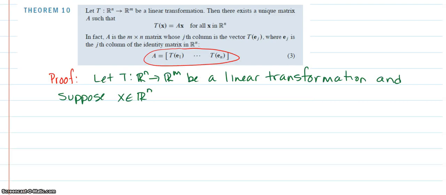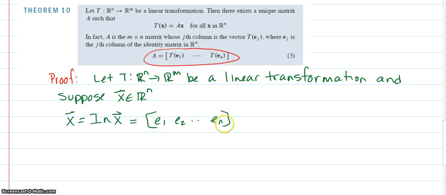So we're going to let T go from Rn to Rm be a linear transformation, and suppose the vector x is in Rn. So x from above should be In times x. Again, this is easy to see because this is just e1, e2, all the way to en, and this will be x1, x2, all the way to xn.